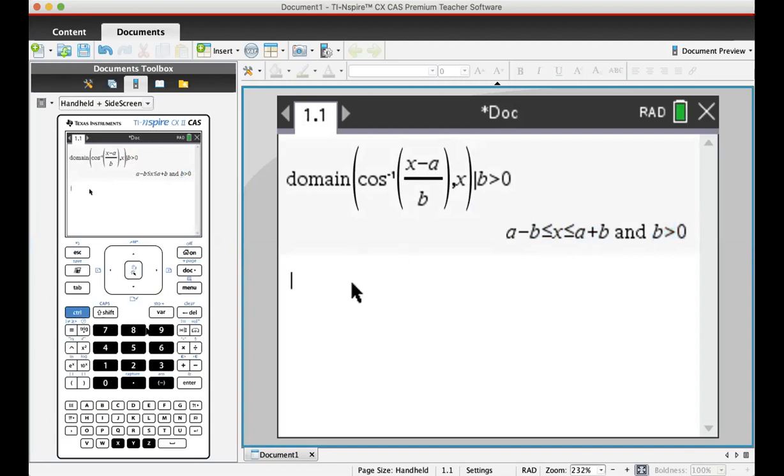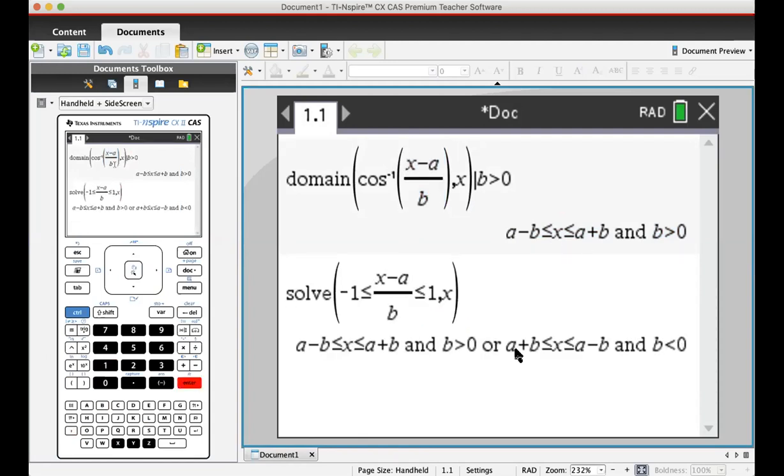Alternatively, you could try to solve the inequality, but it might end up with ugly expressions like that. So you need to be very careful in looking at the orders for both endpoints. Under which condition? For example, if b is negative, then you must be very careful with the order here, okay?